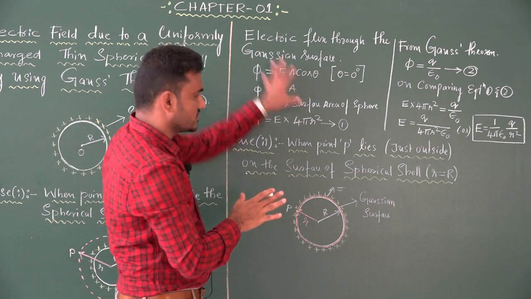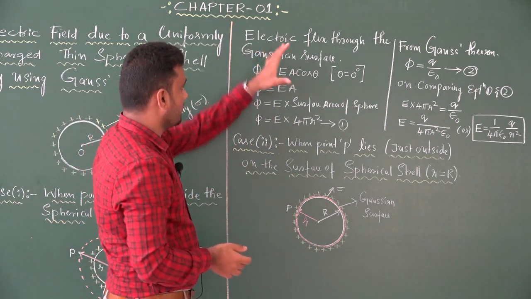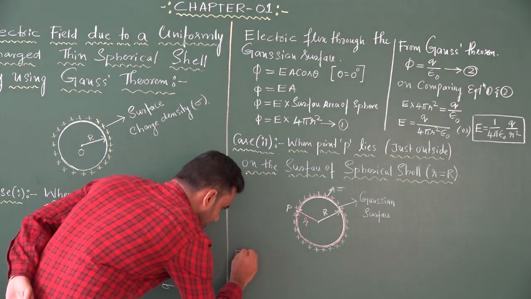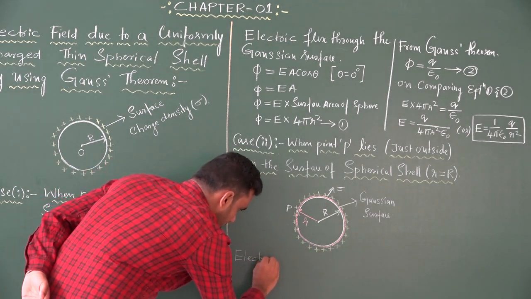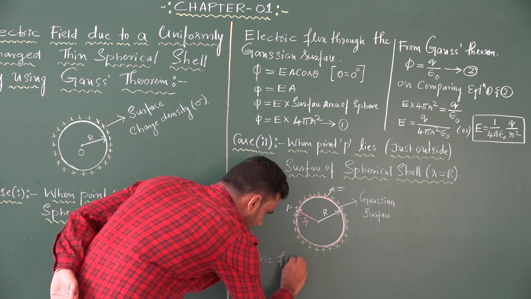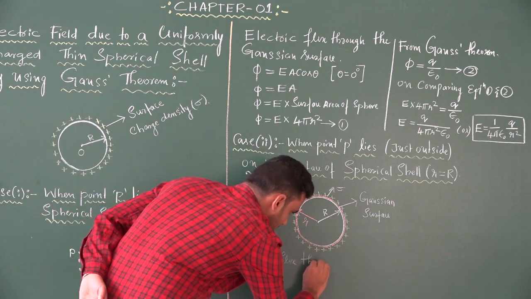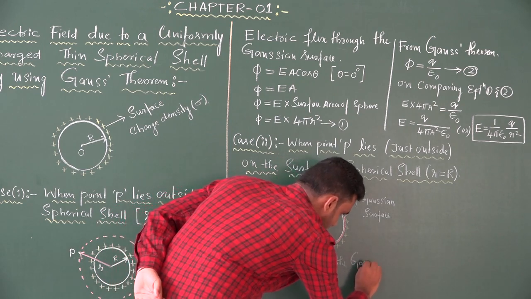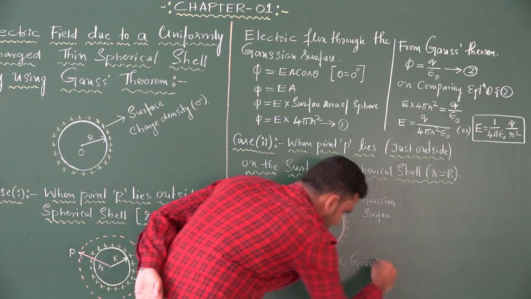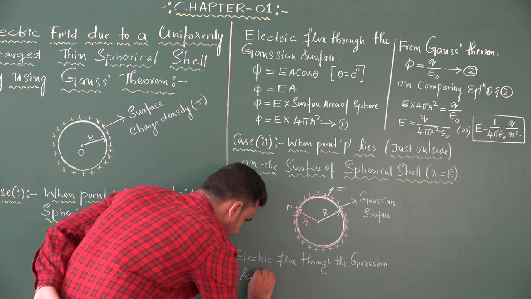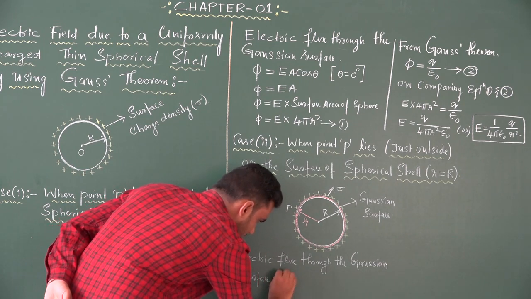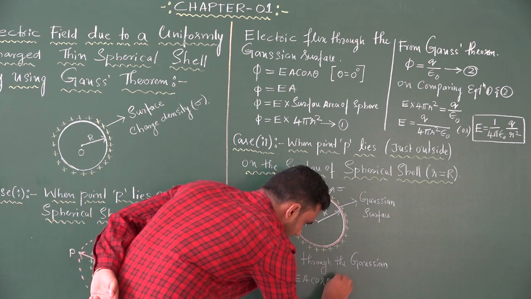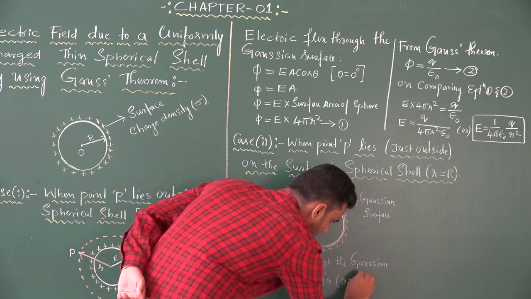The same derivation we are deriving. Again, electric flux through the Gaussian surface. Same equation, phi is equal to E A cos theta, again theta is equal to 0 degree.